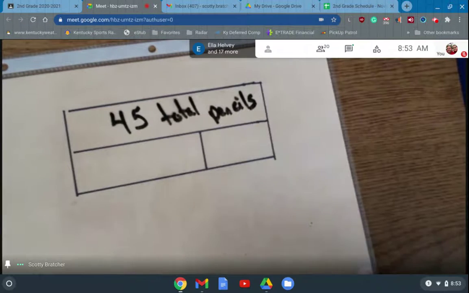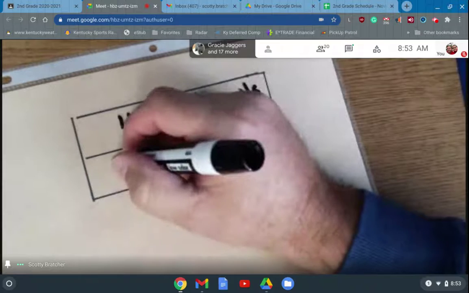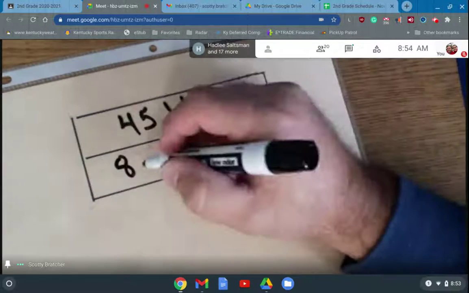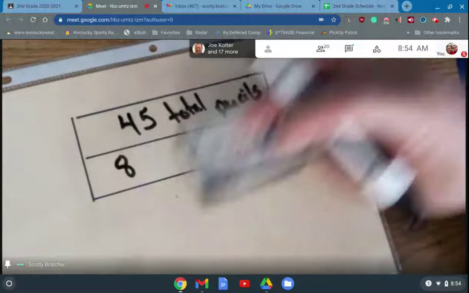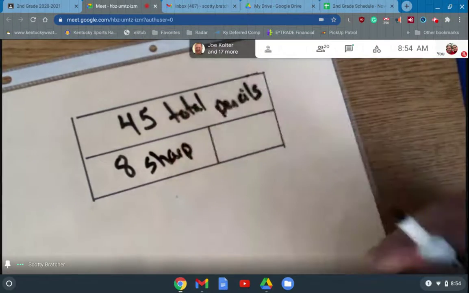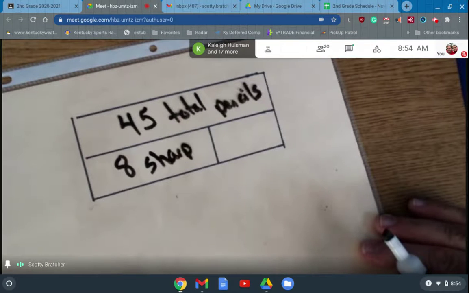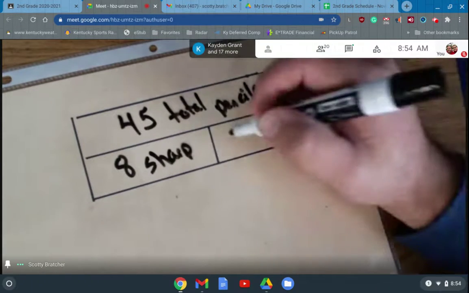Okay? Then it says 8 pencils are sharpened. So out of these, 8 of them are sharp. Uh-oh. Eight of them are sharp. How many pencils are not sharpened? Okay.